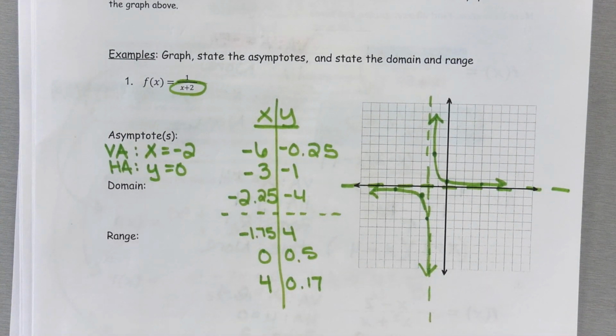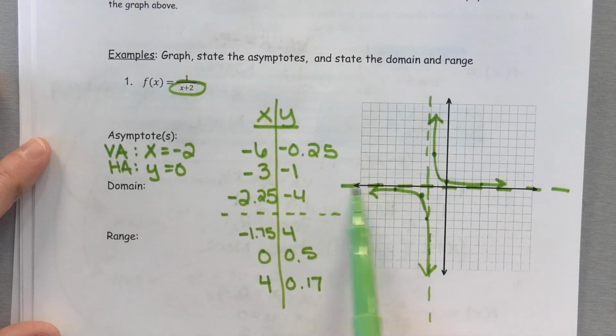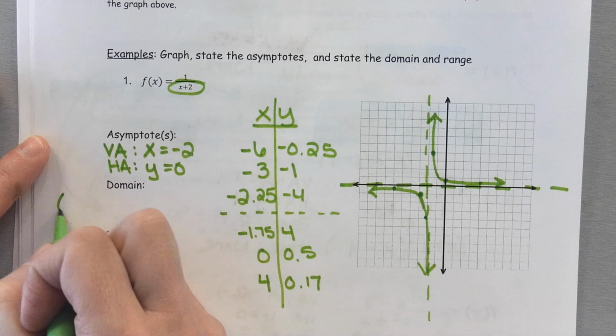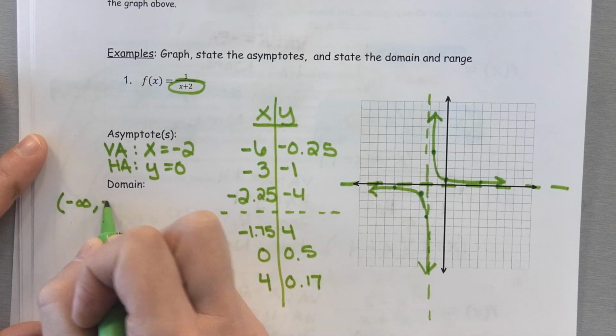All right, let's talk about domain. Do you agree that I have graph everywhere except for this one little spot? What's the one spot where there is no graph? Where can I have no graph in terms of x? Negative 2. So I have graph from negative infinity to negative 2.